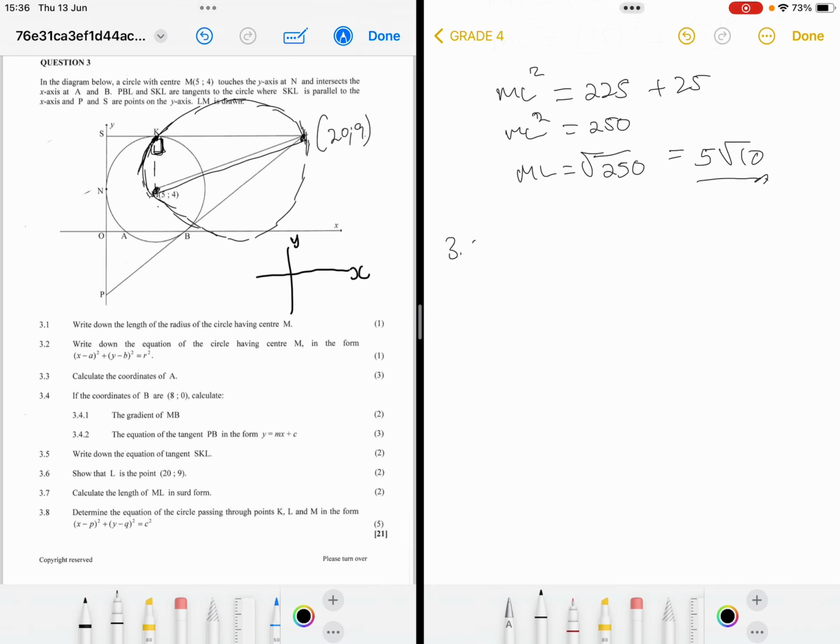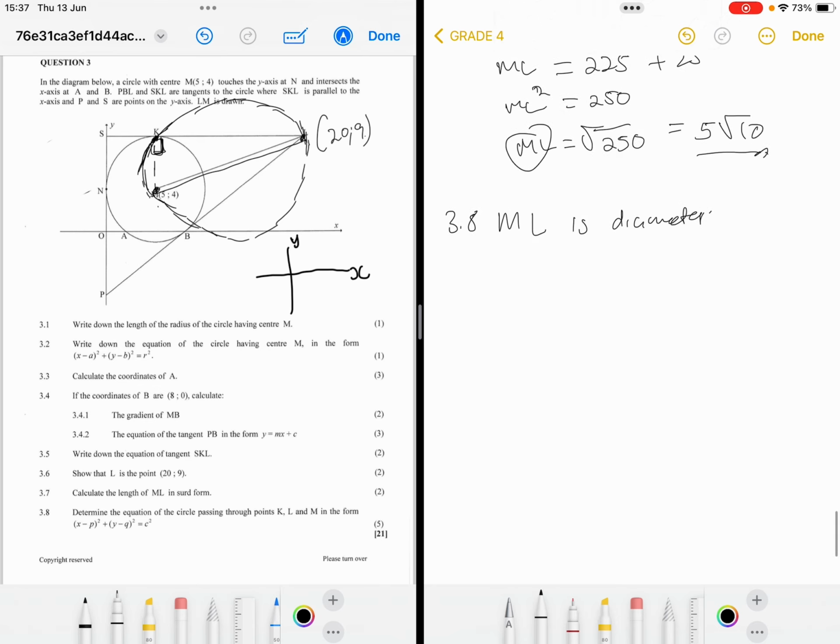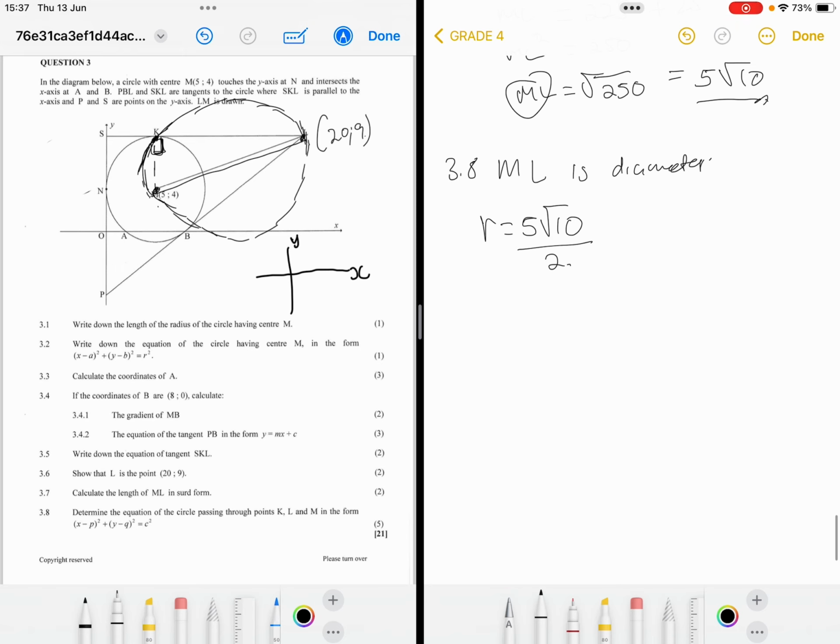So 3.8. ML, this one that you just calculated, is a diameter. So now we need the radius for the equation. Radius is half of a diameter. It means your radius will be 5 root 10 divided by 2. That's the radius. Since this is a diameter, it's a line that will cut the circle into 2 equal parts.